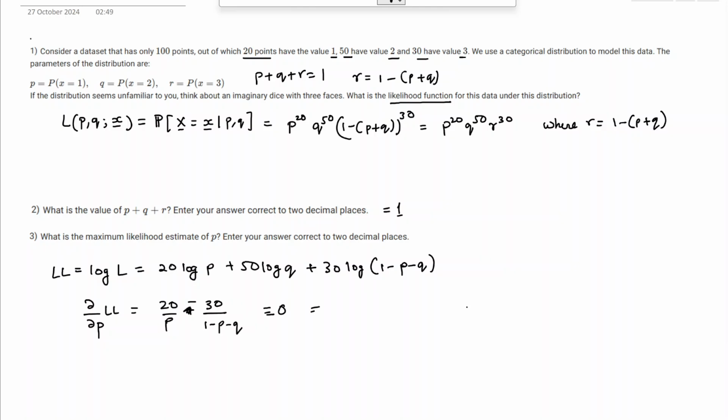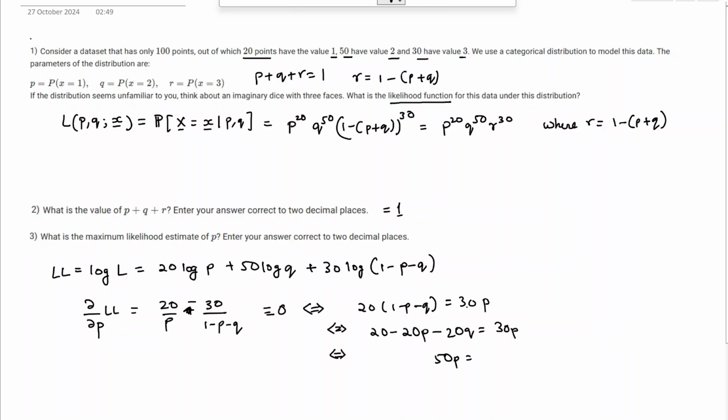So when I set this equal to 0, 20 times (1 minus p minus q) is equal to 30 times p, which is the same as saying that 20 minus 20p minus 20q is equal to 30p. That is the same as saying 50p is equal to 20 minus 20q. So this is one equation that we got.